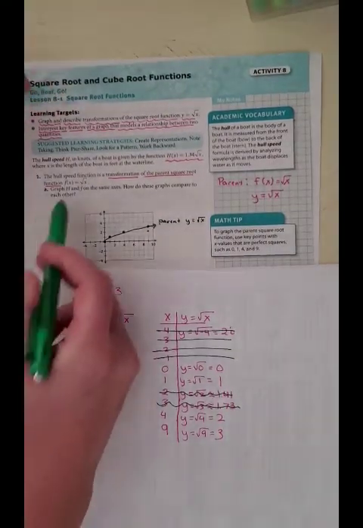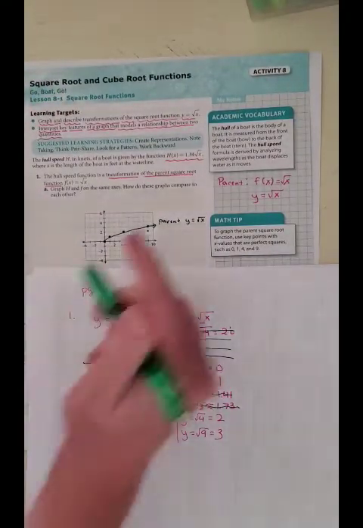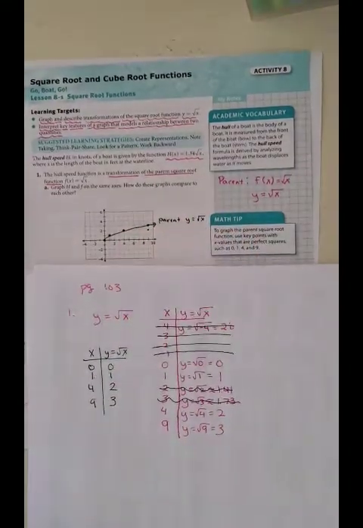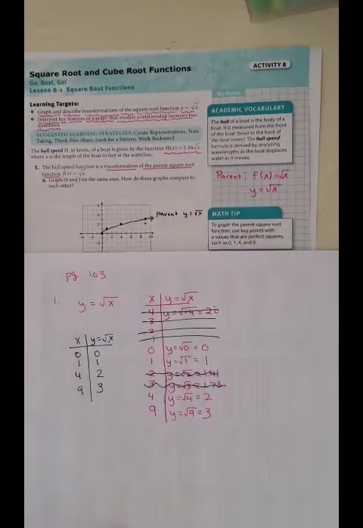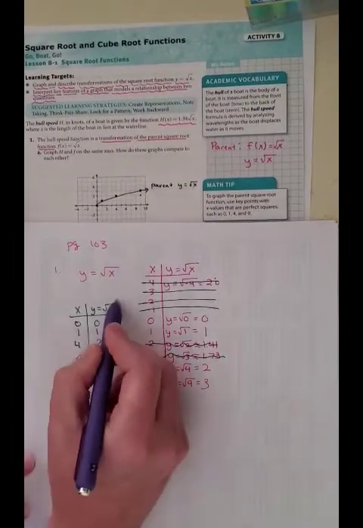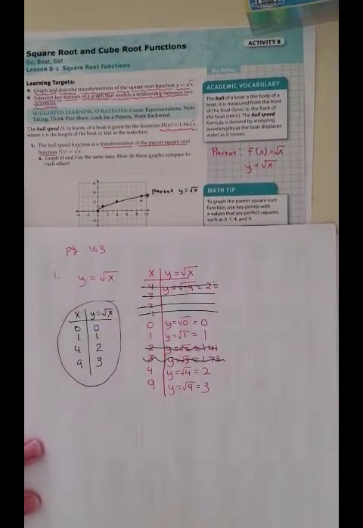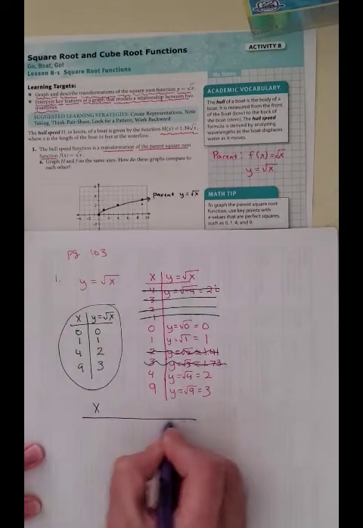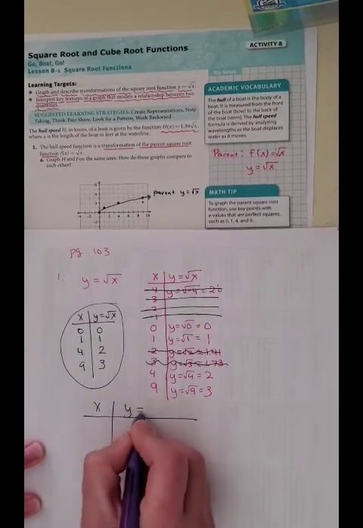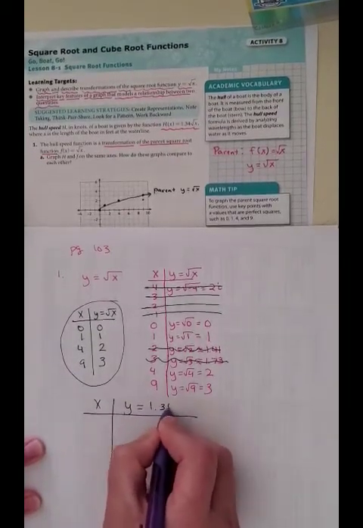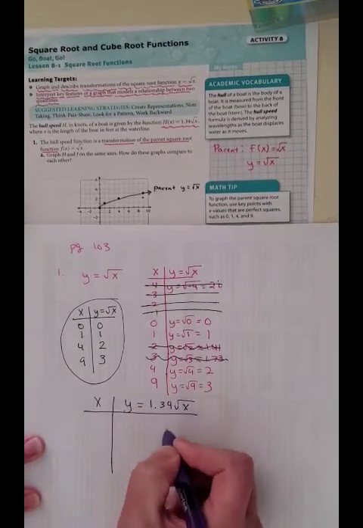Now, for my new function h, my h function is right here. So I will also do that on a separate sheet of paper. I'm going to take my original values from my parent, x, and then y equals 1.34 times the square root of x.